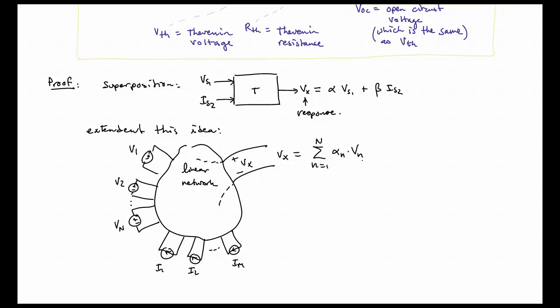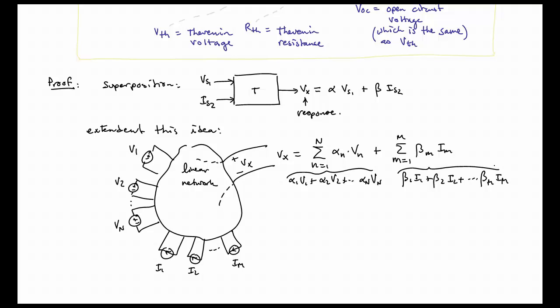That's just the weighted sum of all of these sources, like alpha 1 V1 plus alpha 2 V2 plus dot dot dot alpha n V capital N. Plus a weighted sum of all of the current sources: beta 1 I1 plus beta 2 I2 plus dot dot dot beta m Im. So all we're doing there is just extending the idea of superposition.